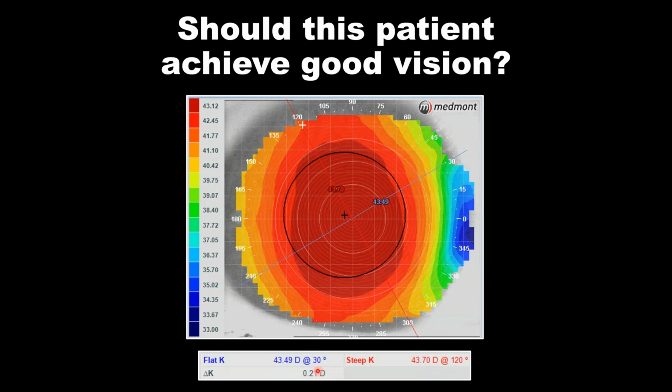Now, when we look at this patient and we were to focus on the K readings, we see that this patient has very little corneal astigmatism, less than a quarter diopter of difference between the flat and the steep meridian. And we look at the topography and we see this very uniform power within the pupil.